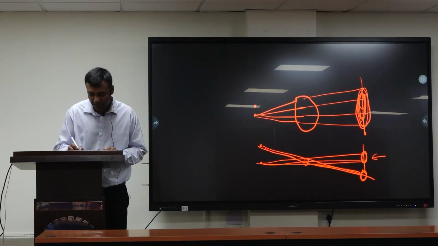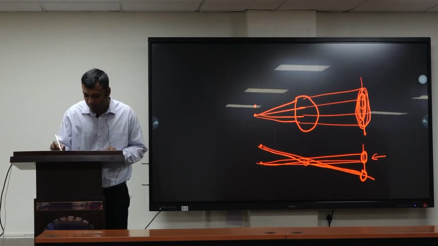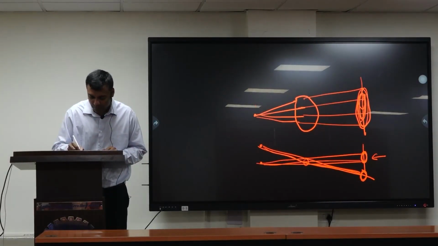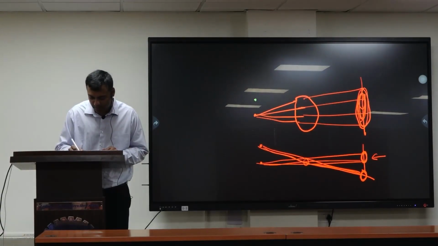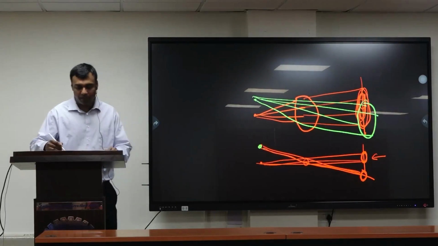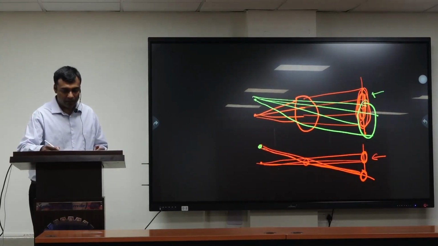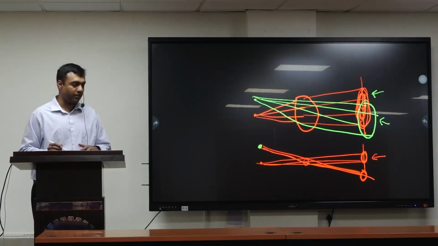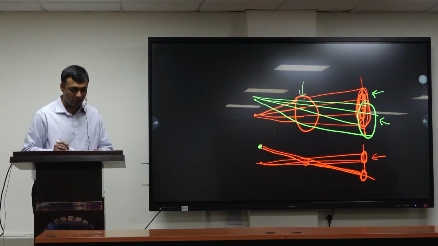But if the hole is very big and there's a blob here, the red and the green ones cannot be distinguished, because the size of the hole is too big.